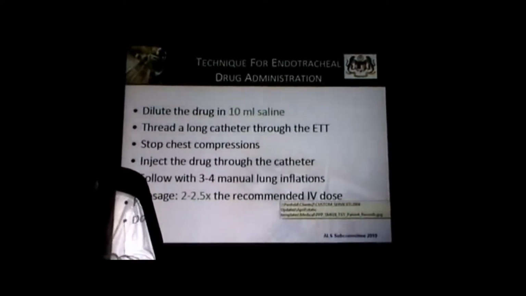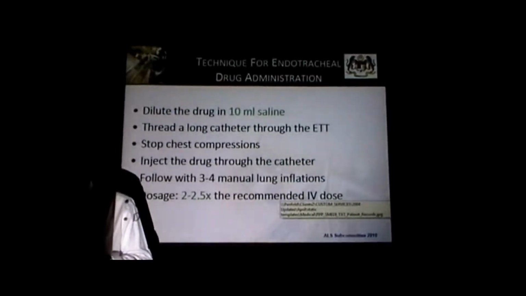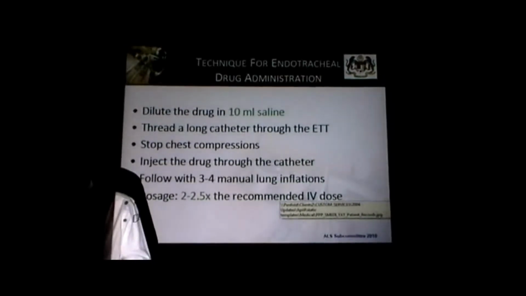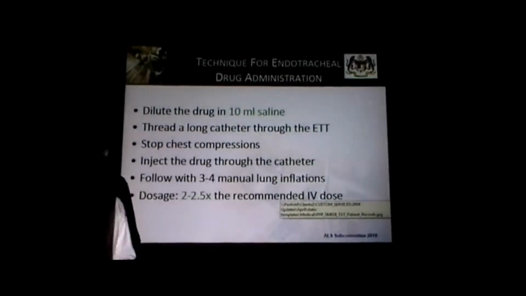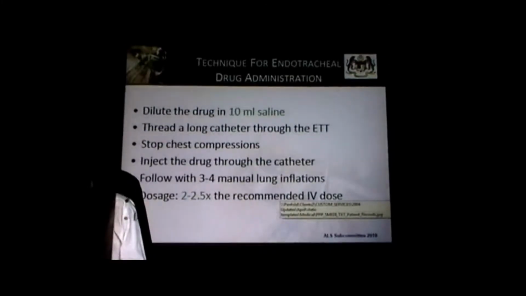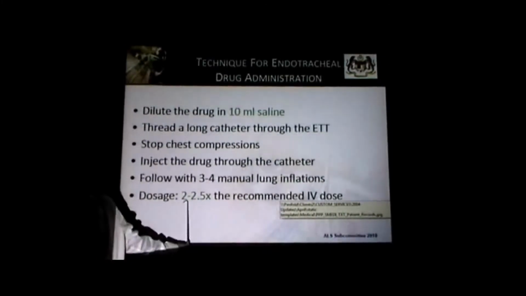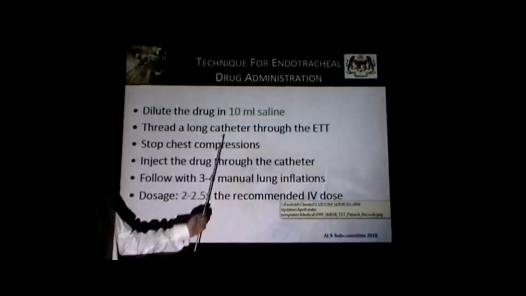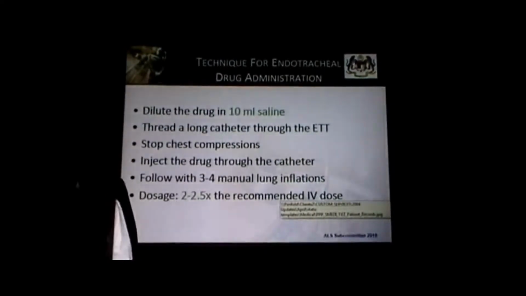Alright. So in endotracheal drug administration, you need to dilute the drug, and the dosage is 2 to 2.5 times the recommended IV dose. So it's not your 1 milligram of adrenaline. You might need to give 2 milligram, but within 10 ml of saline.